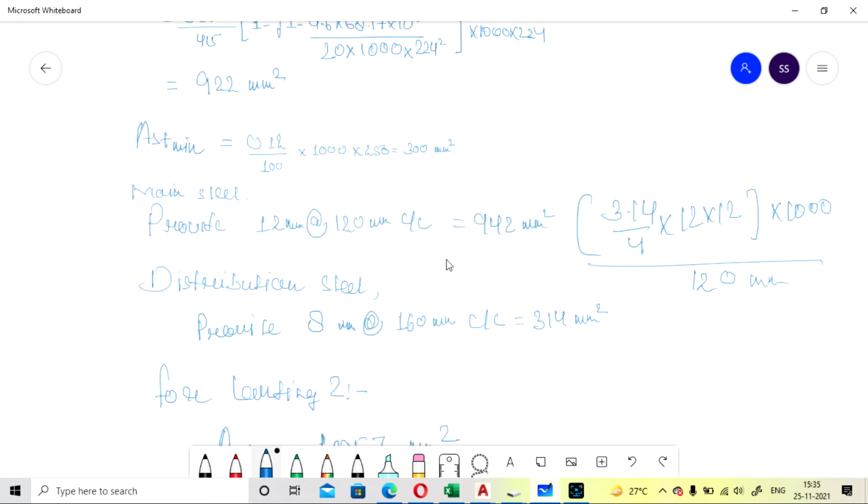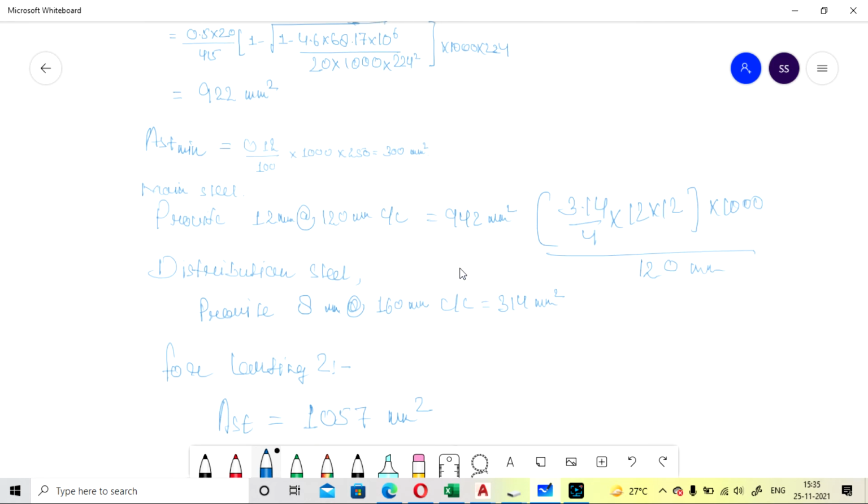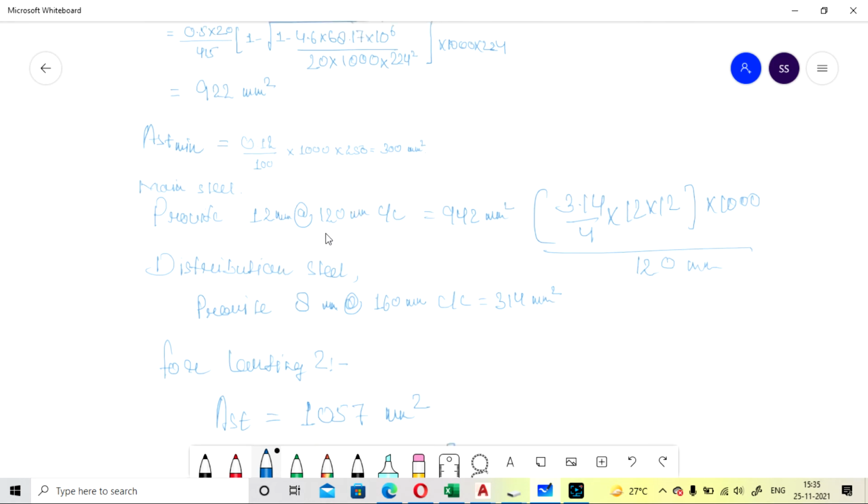So our main steel, we are going to provide as 12 mm at 120 mm center to center, so this area will be calculated as 942 mm square. How is it calculated? Area of the bar, that is pi by 4 into D square, multiplied by 1000 divided by 120 mm, that is the spacing.